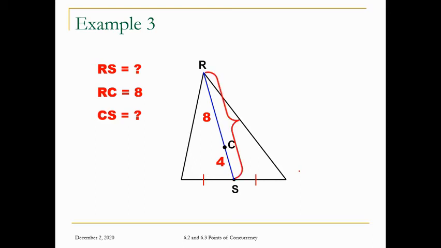That's right, the total distance will be 12. Here's our last example. We have the value for CS. What is going to be the value of our RC? That's right, it's 14. Notice how that doubles, which means that the total distance for our RS line is going to be 21.